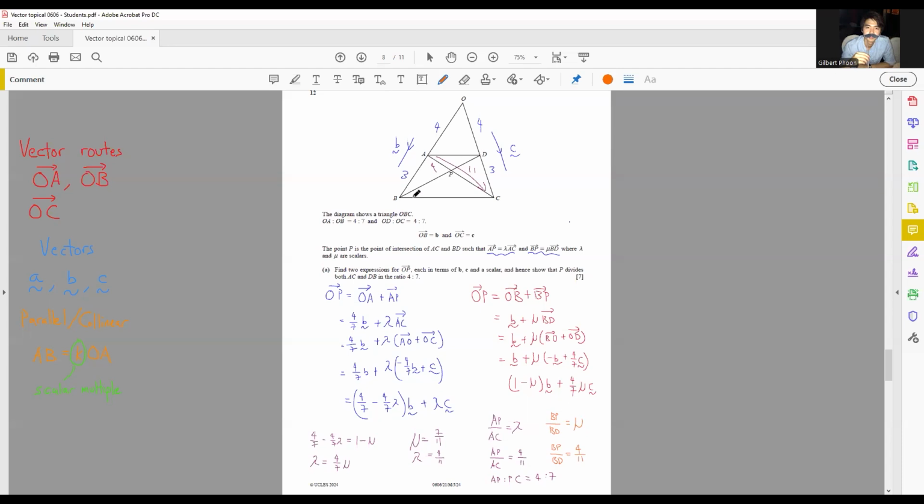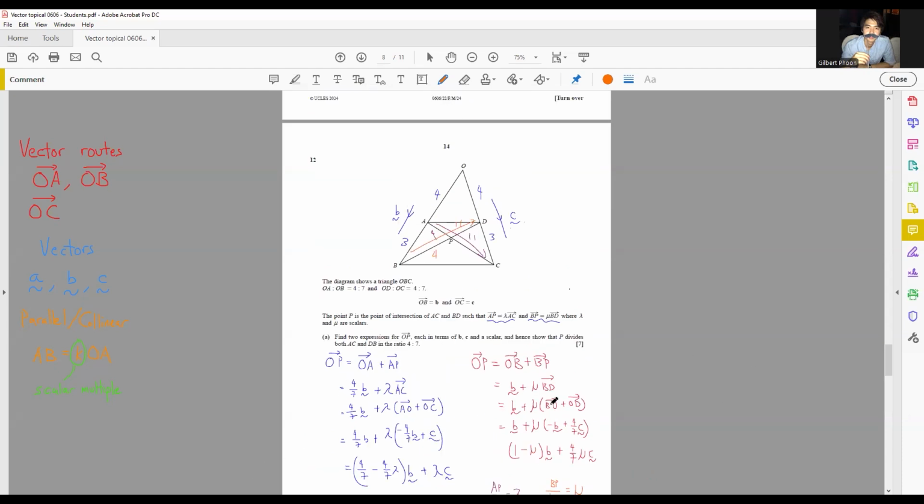Therefore, since BP is 4, then this is 11 as well. Then we can say that BP to PD is also a ratio of 4 to 7. And there you will be done with your first question here.